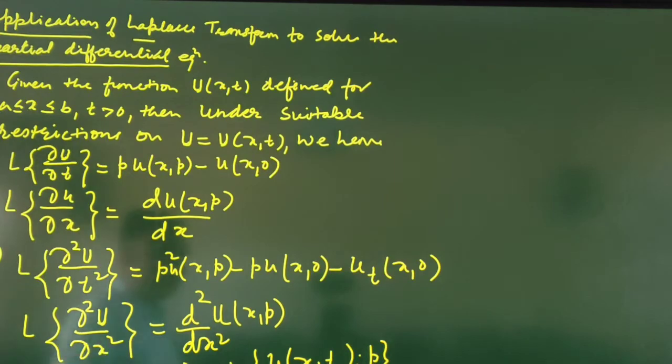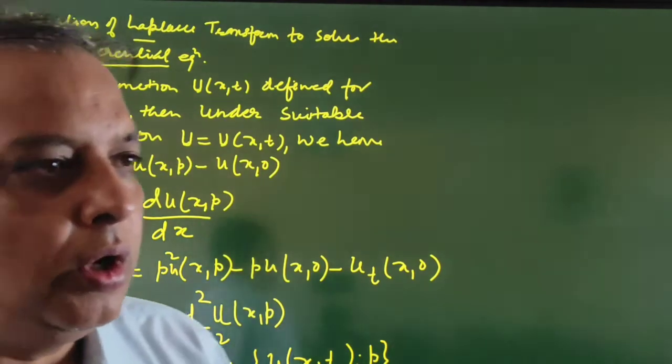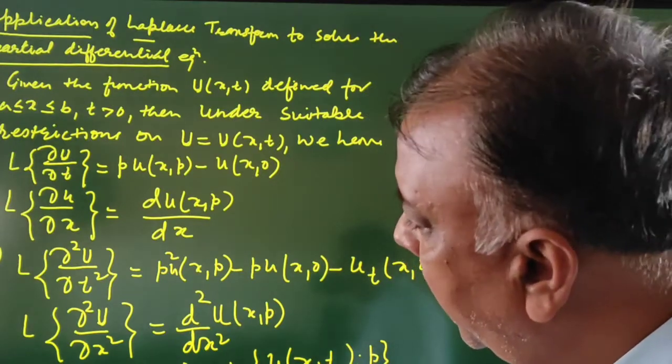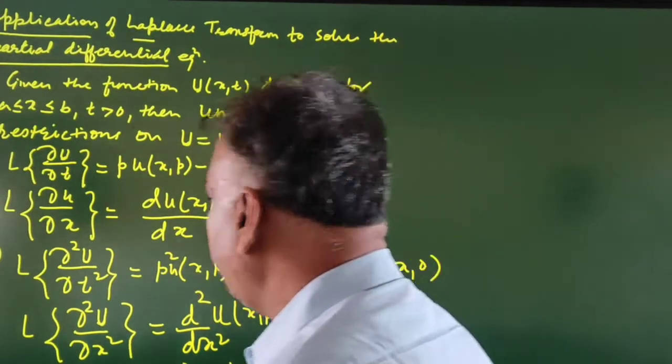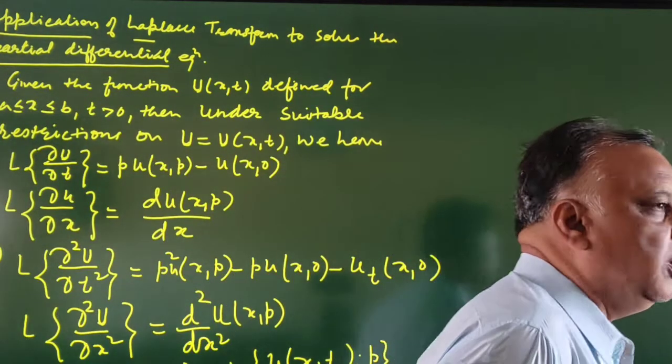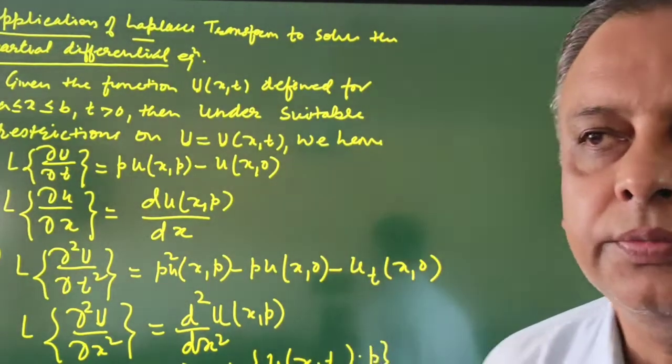Similarly, we have proved the Laplace transformation of the partial derivative of u with respect to x, and also the second partial order derivatives with respect to t and with respect to x.